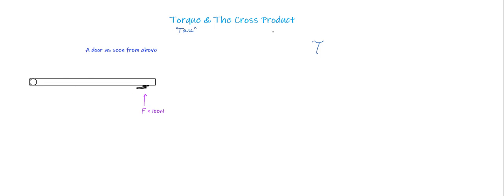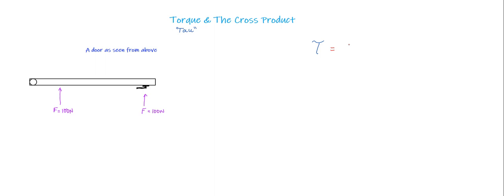Now let's say that instead of pushing on the end there, I decide to push over here, with the exact same force. We would say that the value of the torque is different because of that.